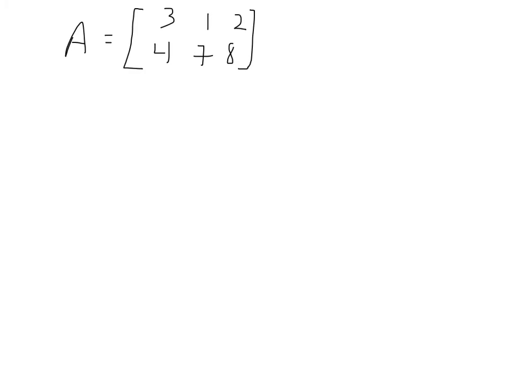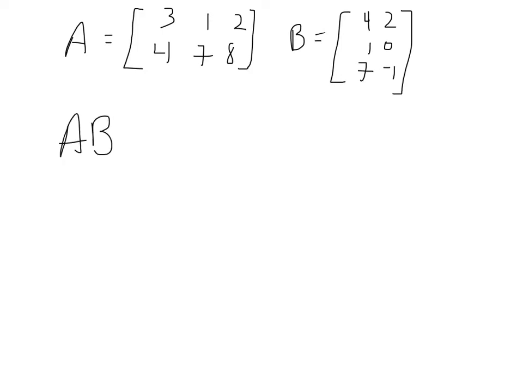And then I have a matrix B, which has the numbers 4, 2, 1, 0, and 7, -1. First thing you always want to do, say I want to multiply A and B together, is decide, is this going to be possible? Can I do this? Yes or no?